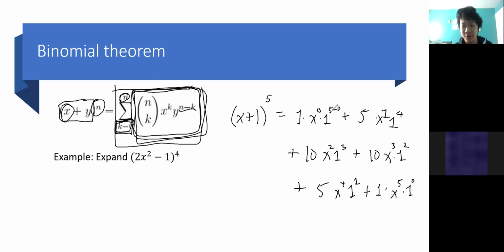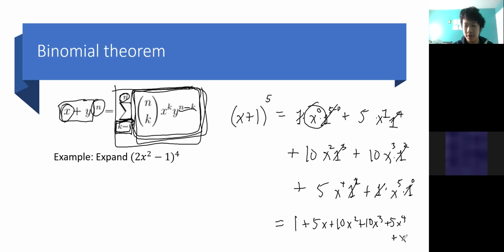You see here, I'm multiplying a bunch of 1s, so these basically don't contribute anything to my actual product, right? If we multiply something by 1, it's still the same thing. I can take all those 1s out. They don't matter. So now you can see that we've got x to the 0, which is 1. Anything to the 0 power is 1, plus 5x plus 10x squared plus 10x cubed plus 5x to the fourth plus x to the fifth.